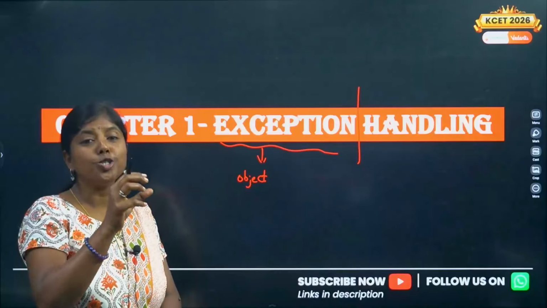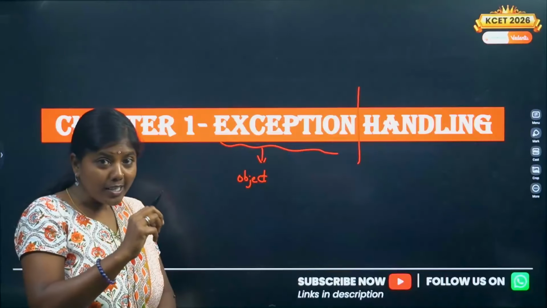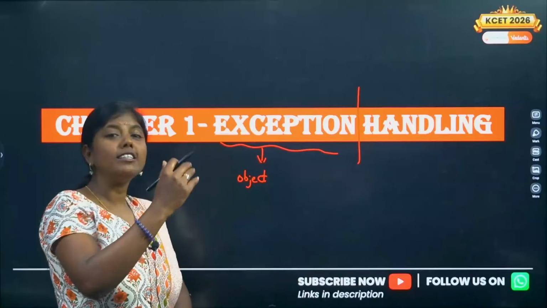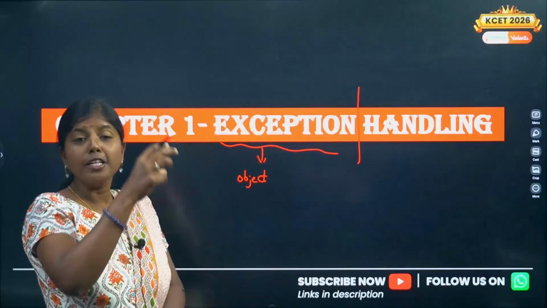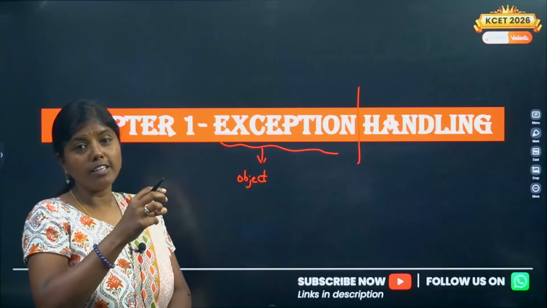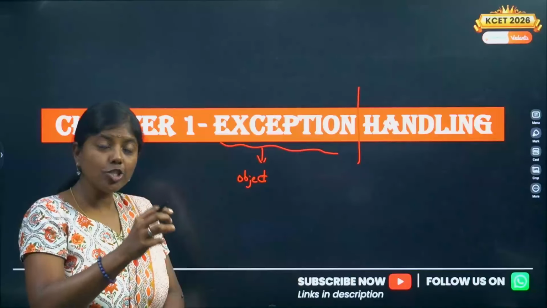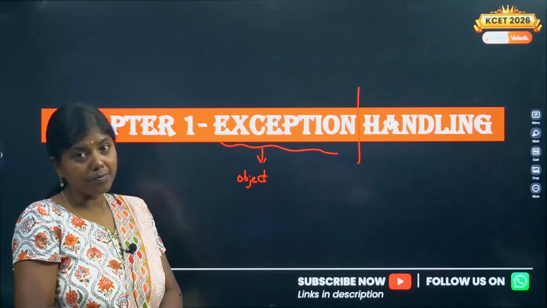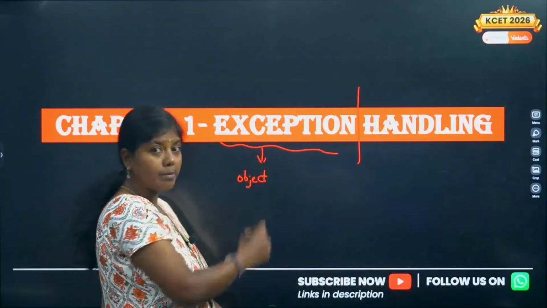It's a Python object that gives you all the information related to the type of the error, the file, the position, and the suggestion on how to overcome the error. That is what you mean by an exception.